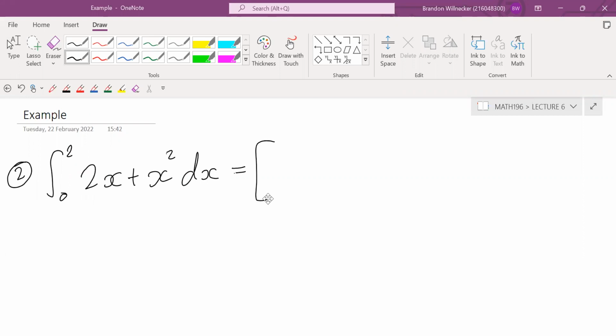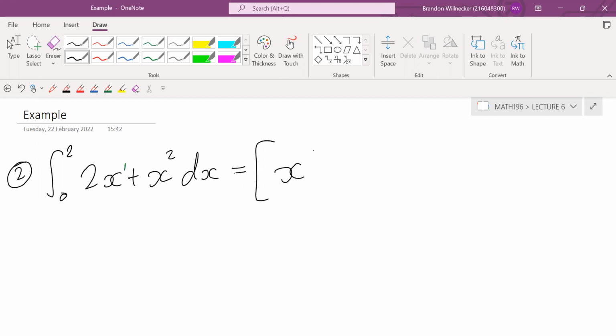We want to calculate the antiderivative. This is just a polynomial, so we can use the power rule for antiderivatives. The old exponent was 1. There's a 1 here. So if we add 1, the new exponent becomes 2. We then have to divide by 2, and that cancels this coefficient of 2.